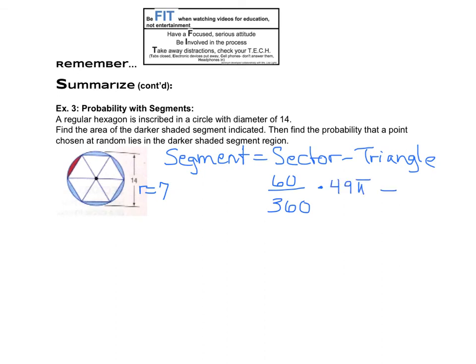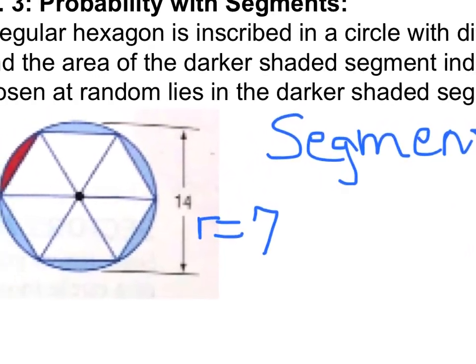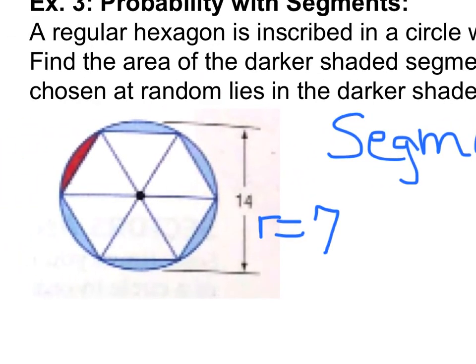Then we need to figure out what the dimensions of this triangle are. If we zoom in on the triangle real quick, we know that because it is an equilateral triangle because of that central angle, if we were to draw in a height to figure out the height of the triangle, we've got a 30-60-90 triangle on our hands.